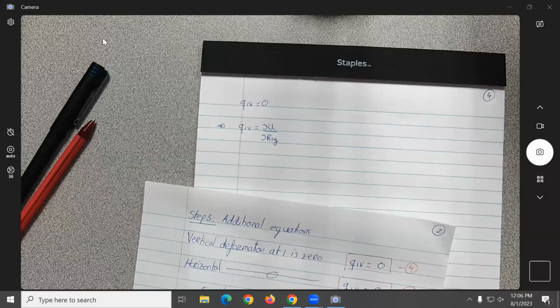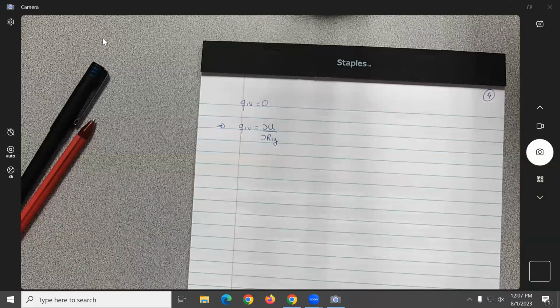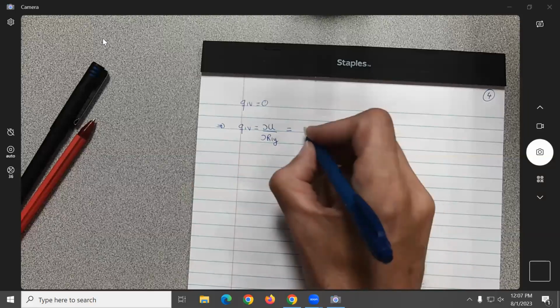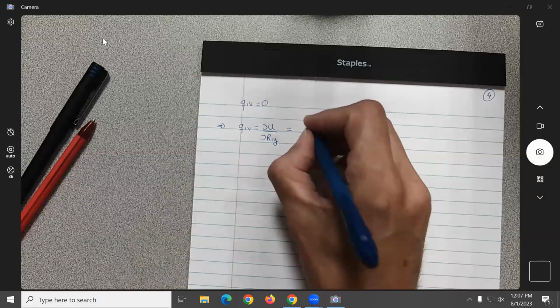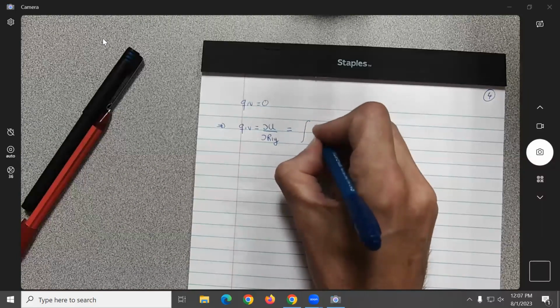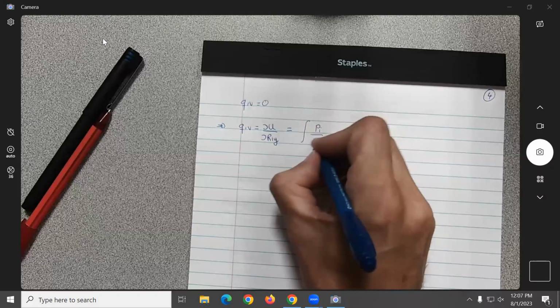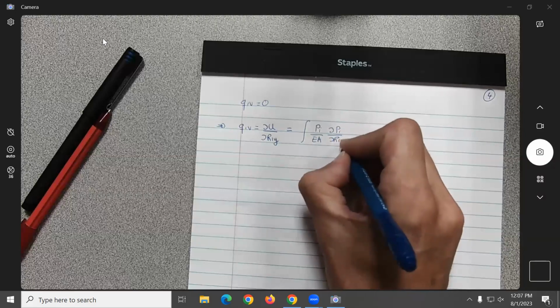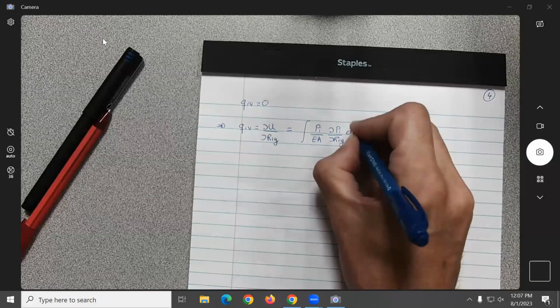Remember, in order to find the deformation, this is like work. Work is force times deformation, no? If you want to find the work in one direction, you need a force applied in the same direction. Same idea. So the general expression will become what? If we take the derivative of the strain energy due to the actual force, we get the integral of P sub i over EA, partial P sub i over partial R1Y, ds.